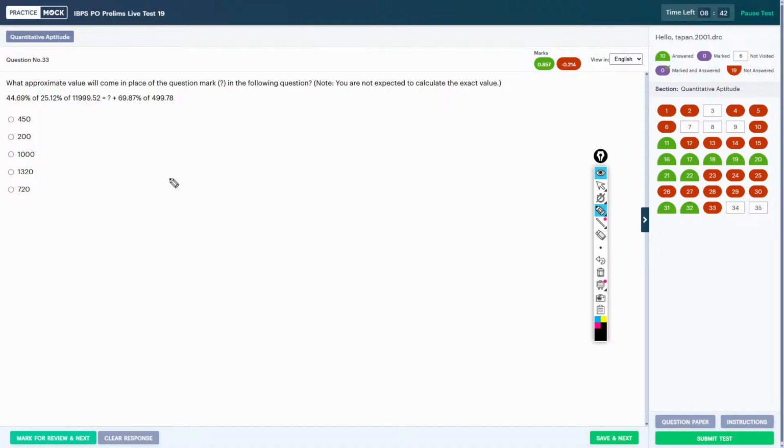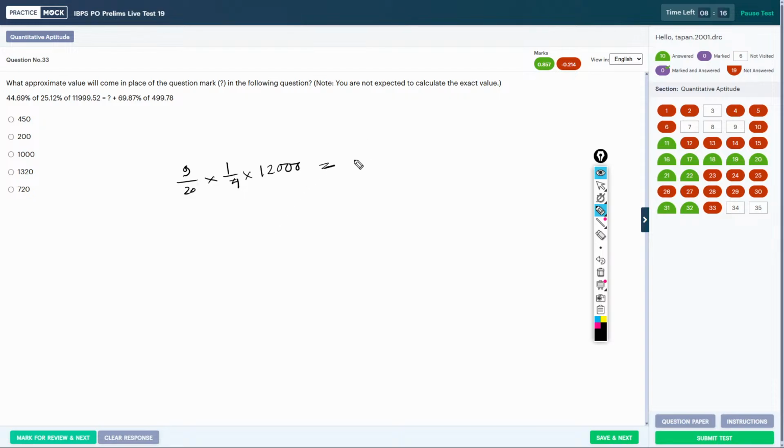45% of 25%. So 45 means 9 by 20 into 1 by 4 into 12000, okay, is equal to, I think we should have used digital sum.